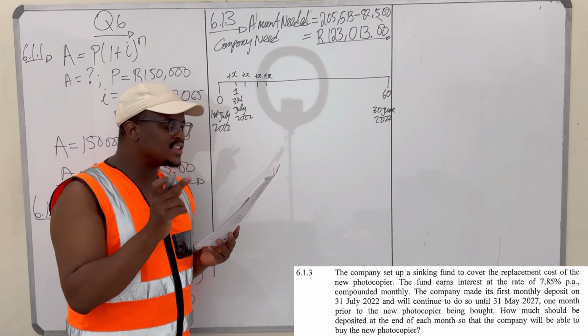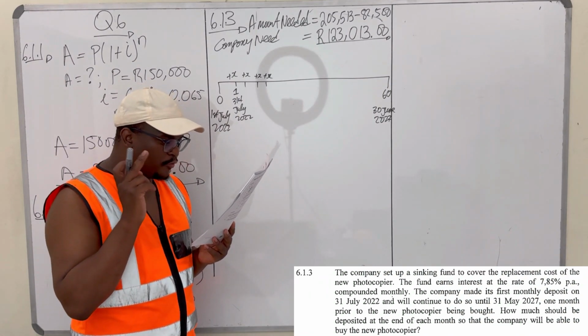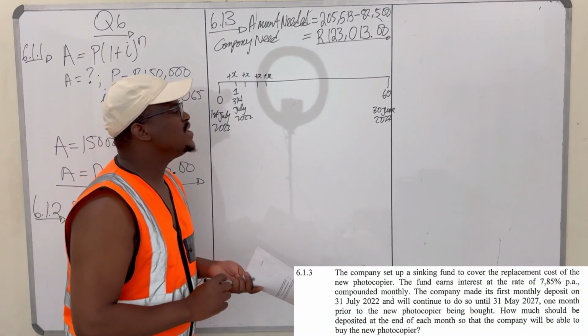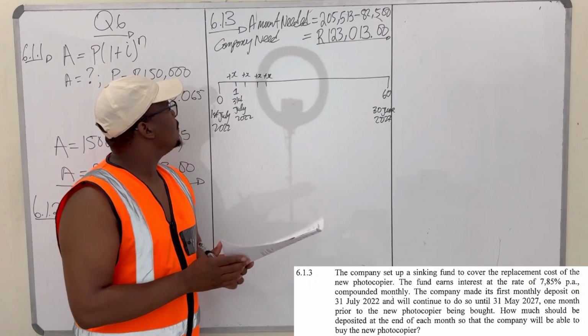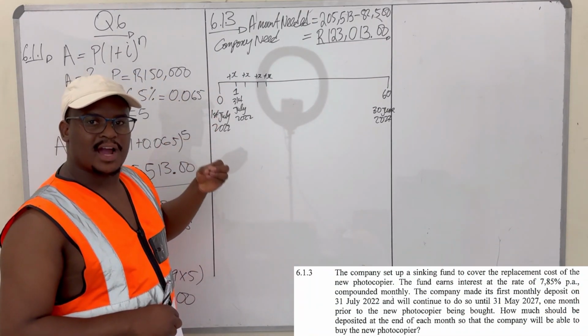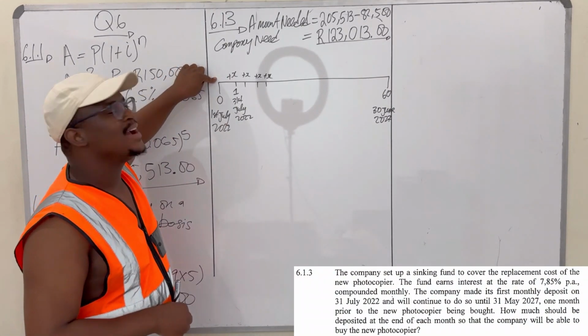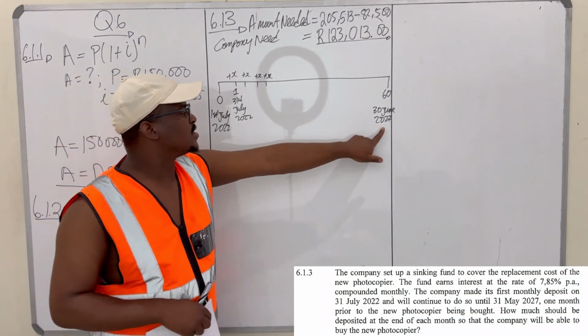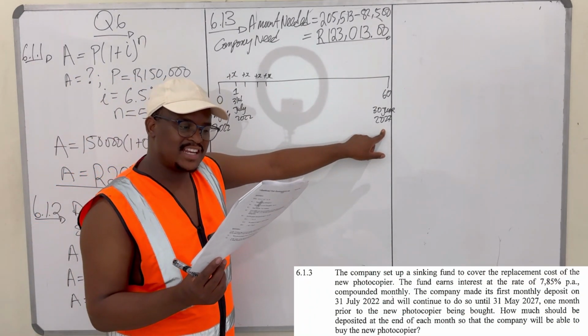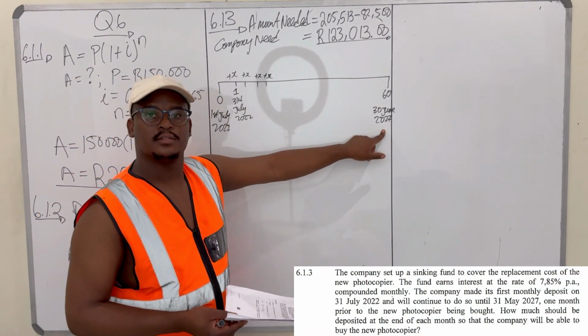Which is 1 month before the new photocopier was bought. Which means the new one currently was bought on the 31st of July, right? The replacement one will be bought when? On the 30th of June 2027.